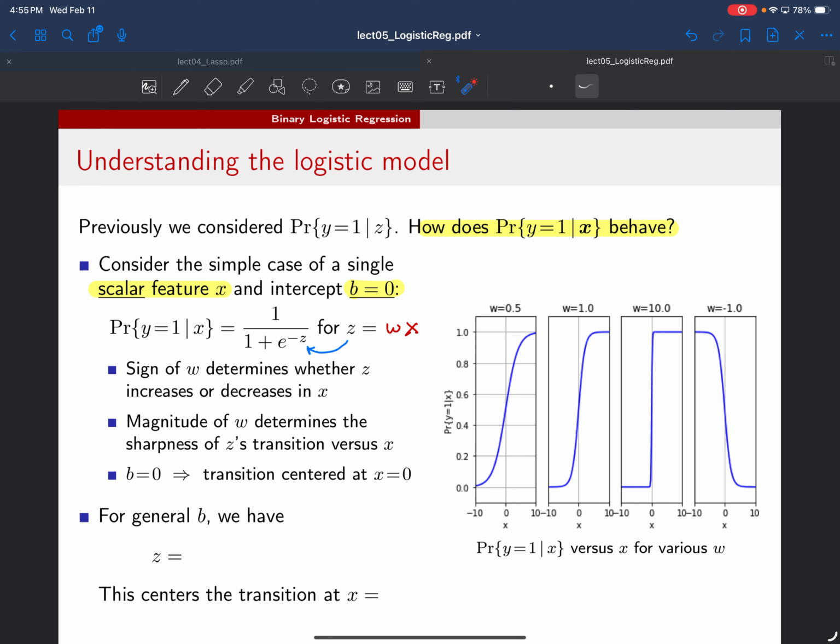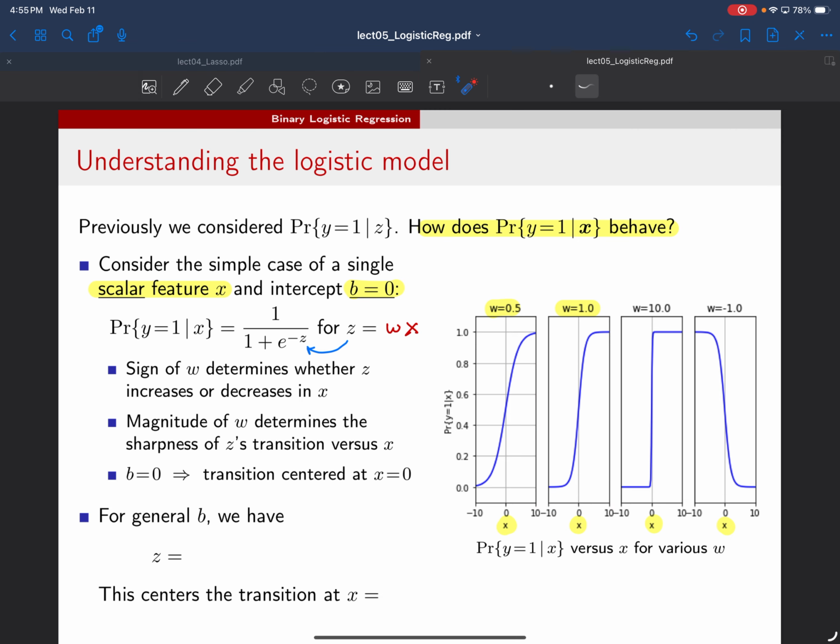And here are several plots of that probability y equals 1, plotted now as a function of x, which is maybe more insightful. This is plotted for different values of the weight. If the weight is 1, this is exactly the curve from the previous page.